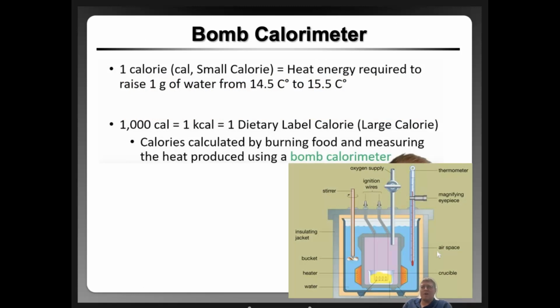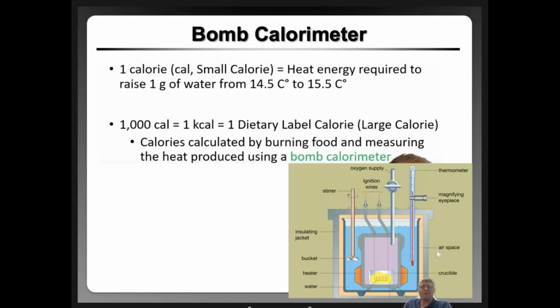They use what's called a bomb calorimeter. One calorie, we mentioned last time, is the heat required to raise 1 gram of water from 14.5 to 15.5 Celsius. And 1,000 of those is 1 kcal, or 1 dietary calorie.